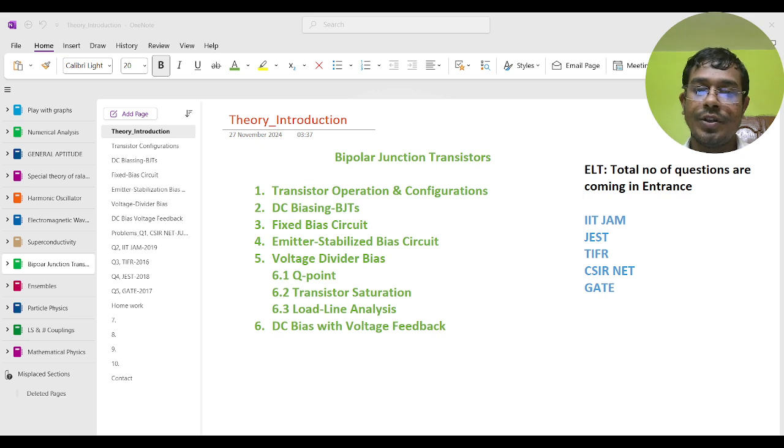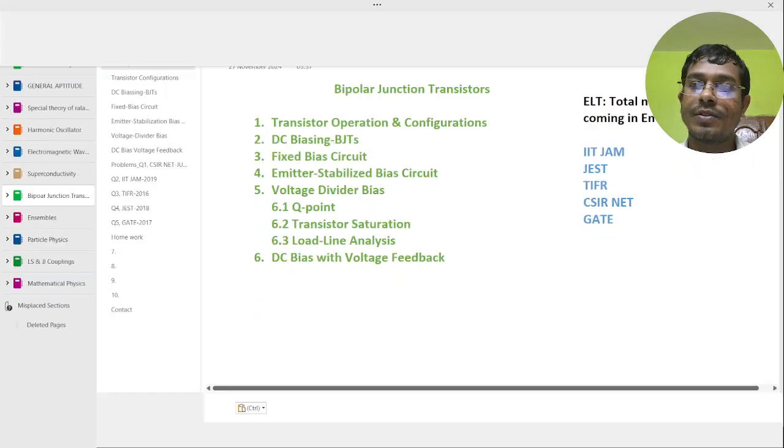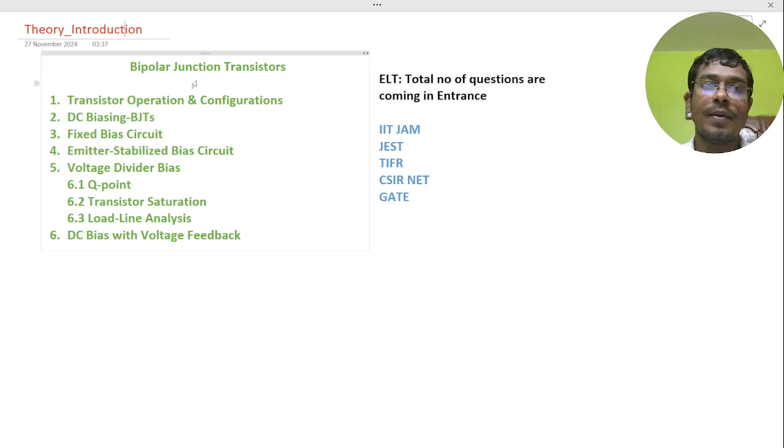Previously we discussed superconductivity in the chapter on dense matter physics, and in today's class we will discuss bipolar junction transistors.